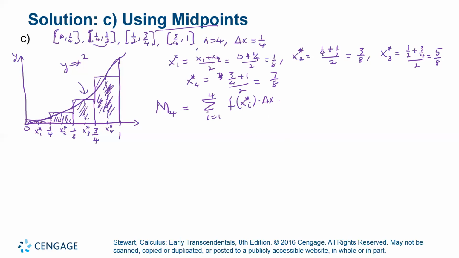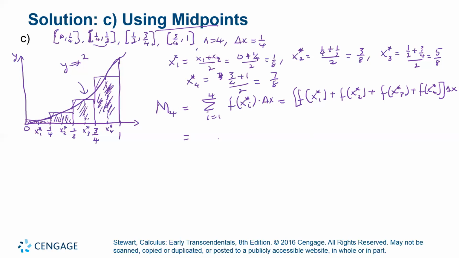So this is equal to f of x star 1 plus f of x star 2 plus f of x star 3 plus f of x star 4, everything times delta x.